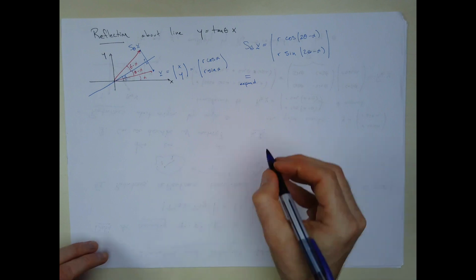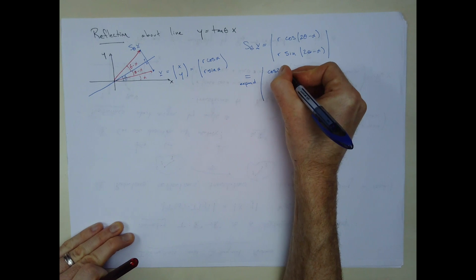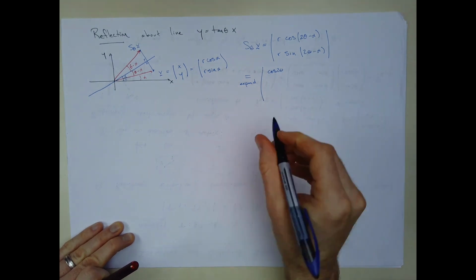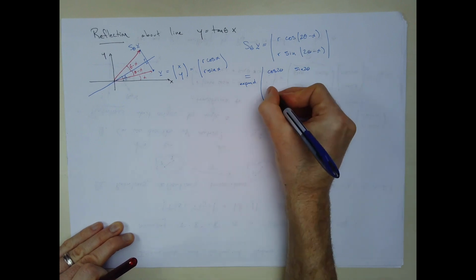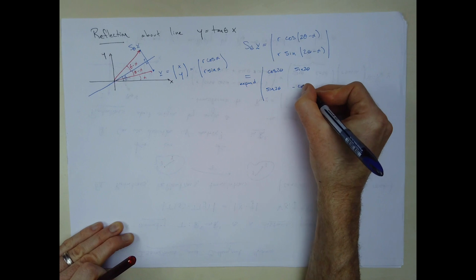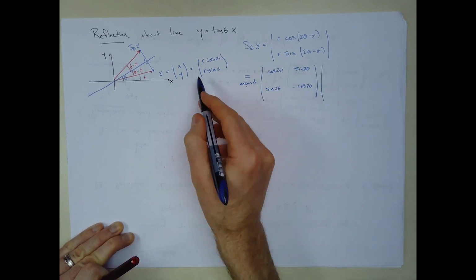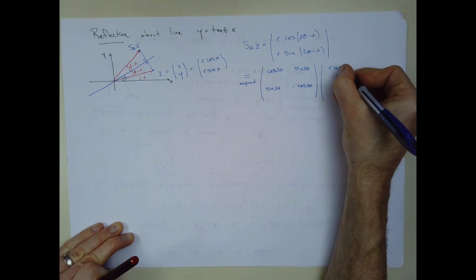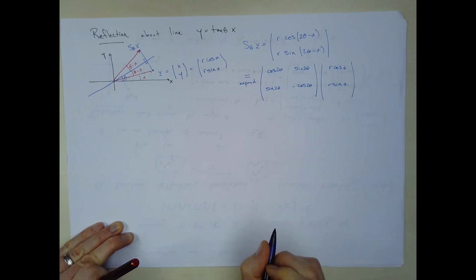and you can write that as the multiplication of the matrix cosine 2 theta, sine 2 theta, sine 2 theta, minus cosine 2 theta, times this vector v, r cosine alpha, r sine alpha.